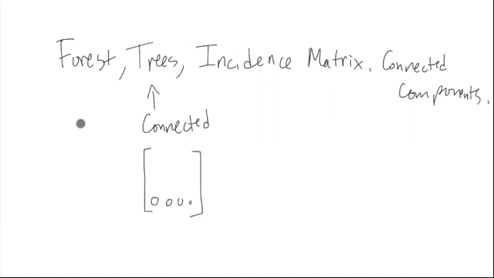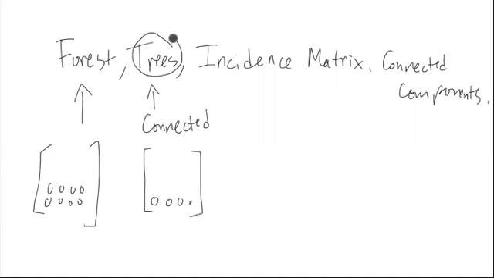Now for a forest, we can have more than one connected component, but a forest is made up of trees. What is a tree? A tree is something that has no cycles, even if we change direction.